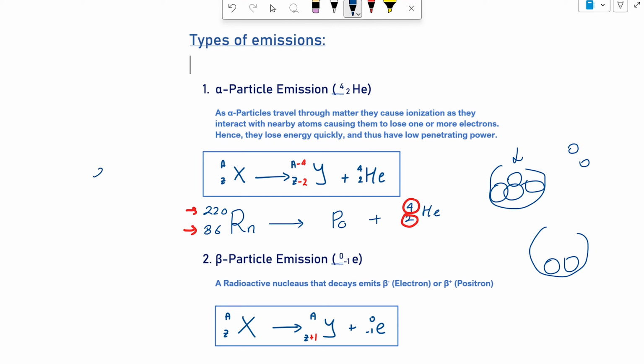So 220 minus 4 is going to give us 216, and 86 minus 2 is going to give us 84. Therefore, the nucleon number of polonium is going to be 216, and its proton number is going to be 84.